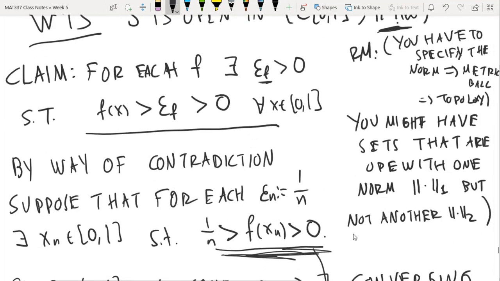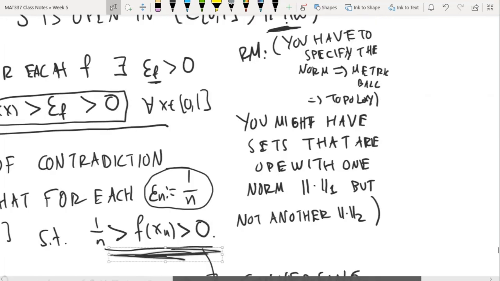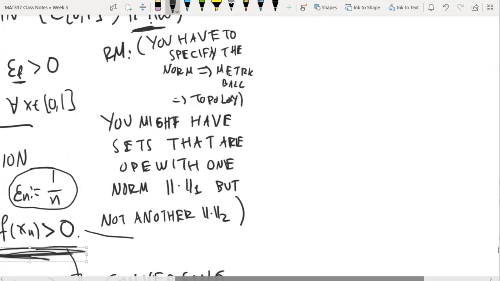We wanted to prove this, and the negation of this is that as you pick epsilon small, you can always find a point below that line so that this is satisfied. So let me draw a picture of what we're saying.